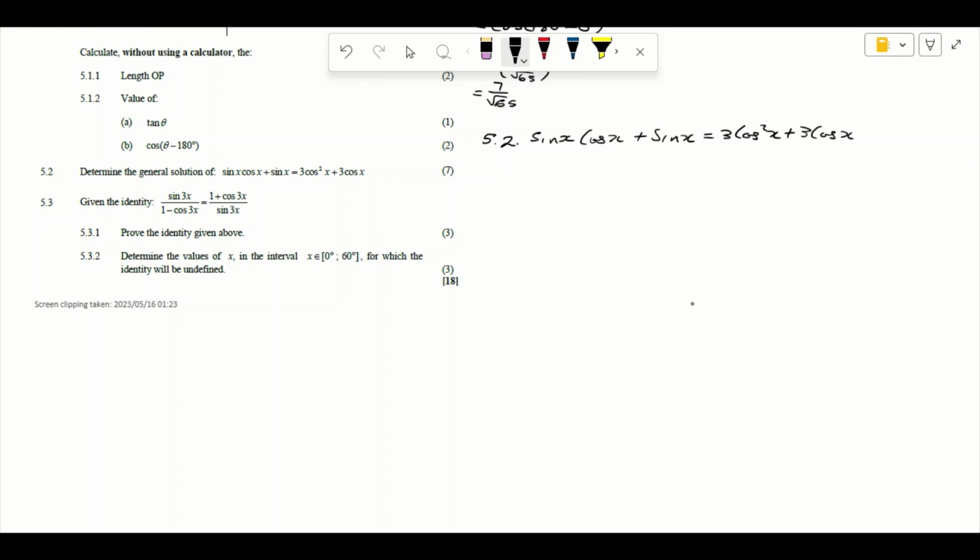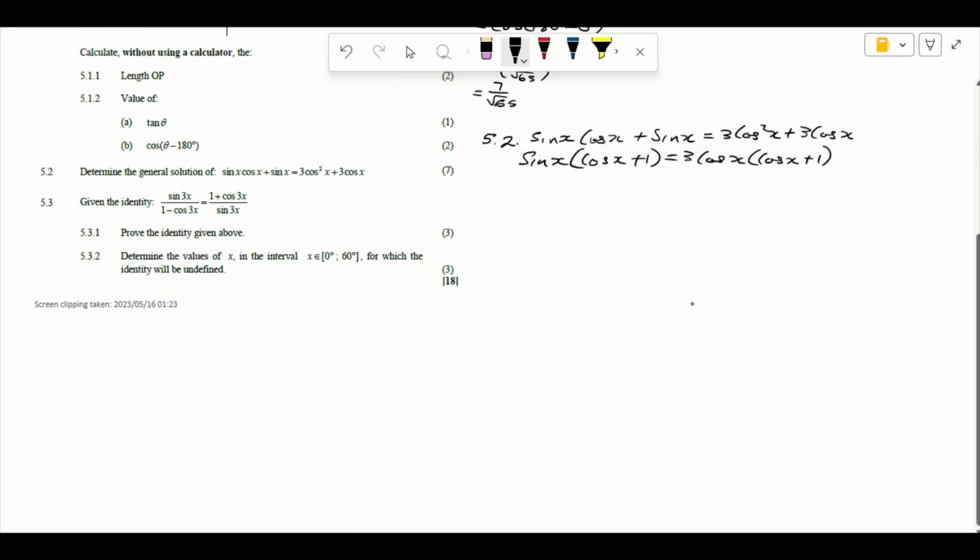So the common factor is sine x, and if I factorize it here, I'll be left with cos x plus 1 is equal to, and over here I have a 3 and a 3, and then both of the terms have a cos x, so 3 cos x, and then this is going to be what? Cos x plus 1.